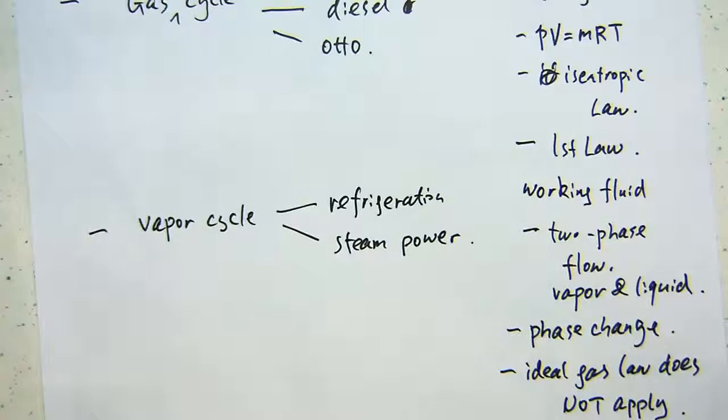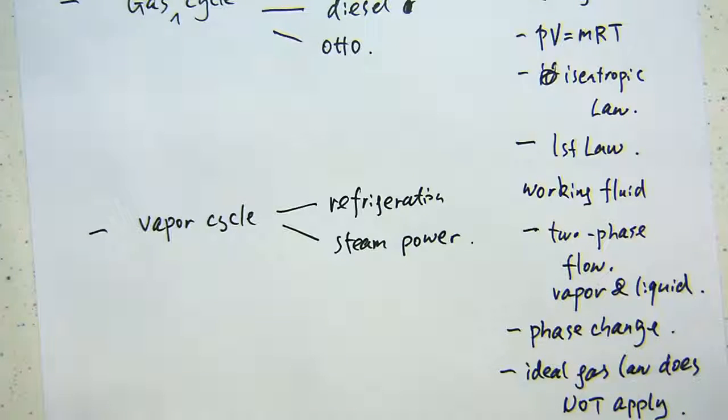And the reason is the assumption, or in order for the ideal gas law to be valid, the condition is there is a minimum interaction between the gas molecules. But that's not the case when the liquid being just turned into vapor. There is a significant interaction between the gas molecules. So you do not want to use ideal gas law.